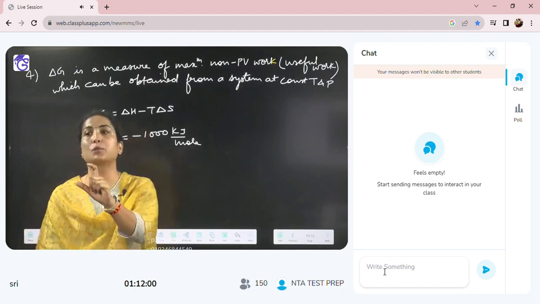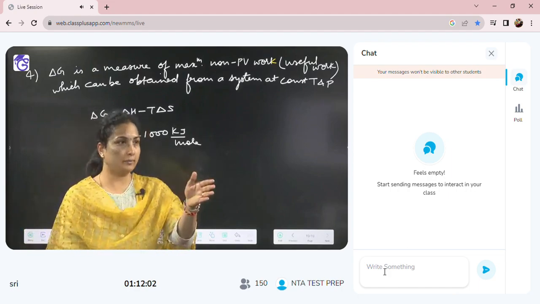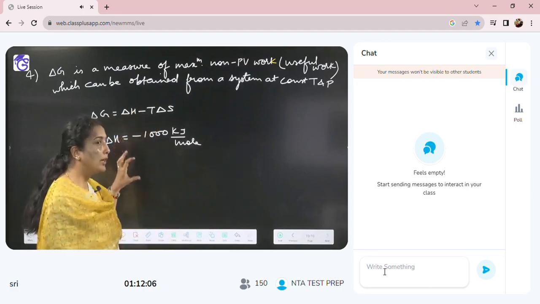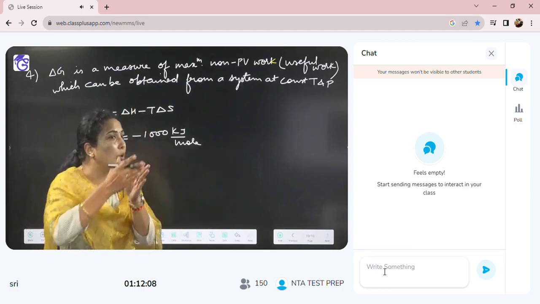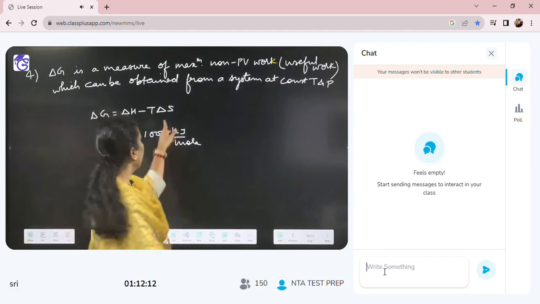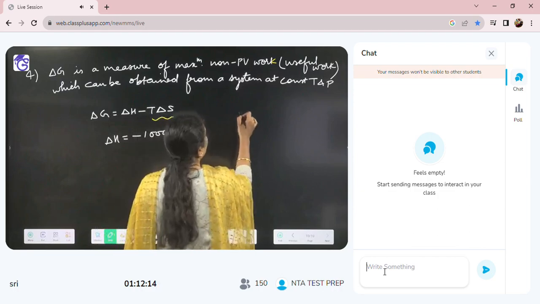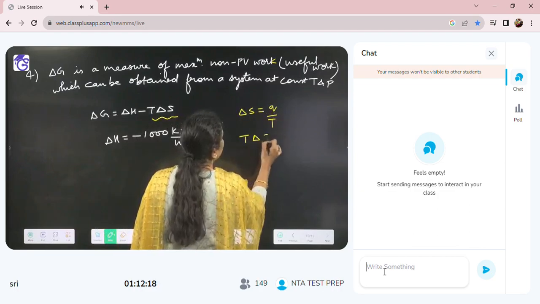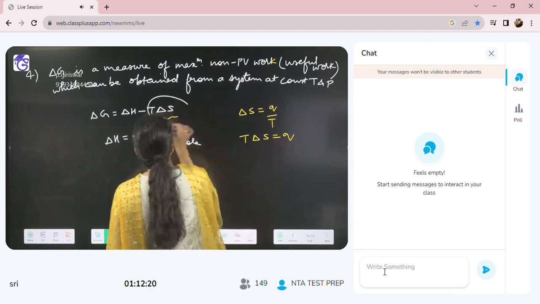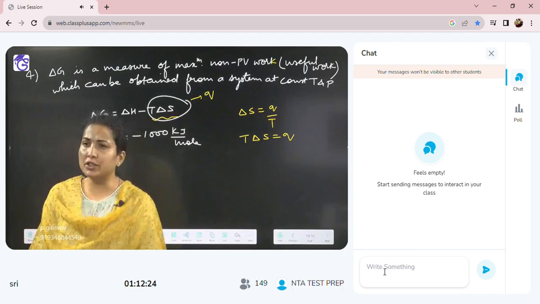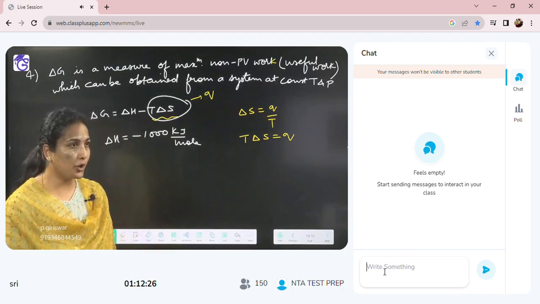And what is that useful work? Moving your vehicle, right? Only some portion of it will be utilized for doing that useful work. The rest goes as heat losses. Do you recall we have written delta S is equal to Q by T? So T delta S is equal to Q now. So the rest is going as heat losses, because whatever engines you have, they are not 100% efficient, right?